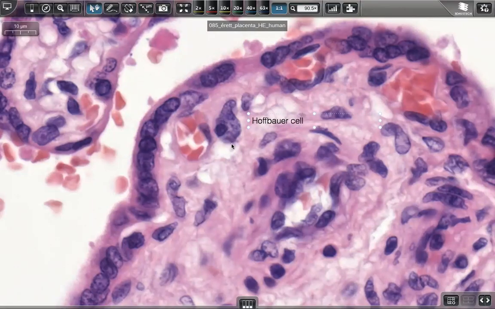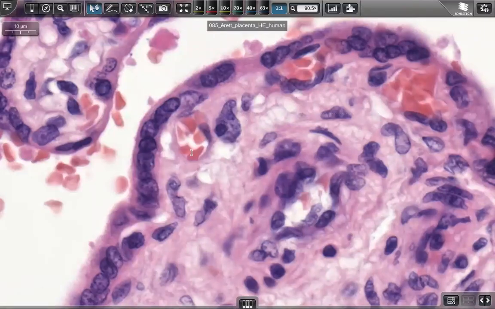A Hofbauer cell or macrophage, it's a placental macrophage. It eliminates the old and degenerated connective tissue cells. So if you can find a huge cell in the mesenchyme, that is a macrophage.